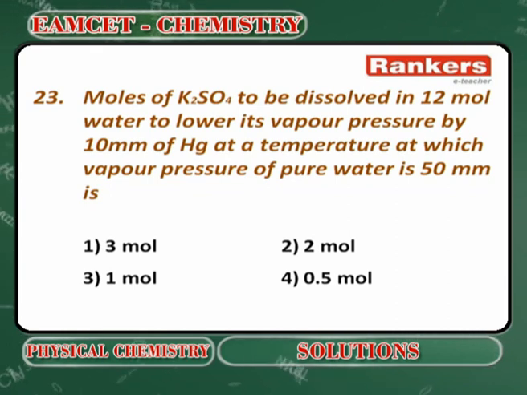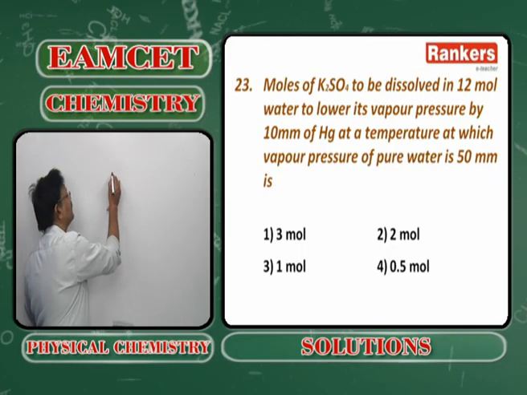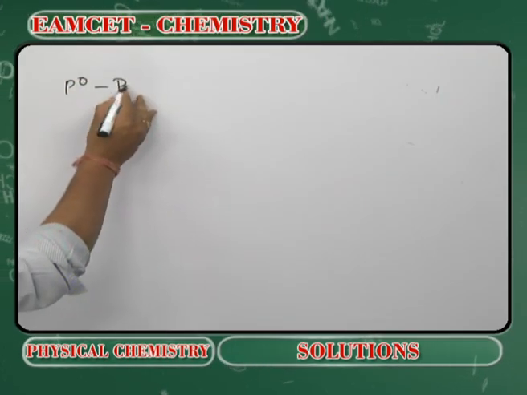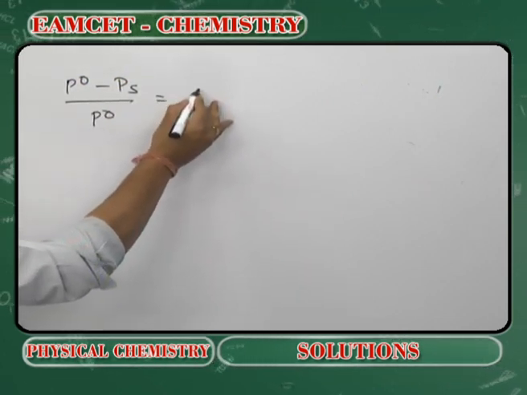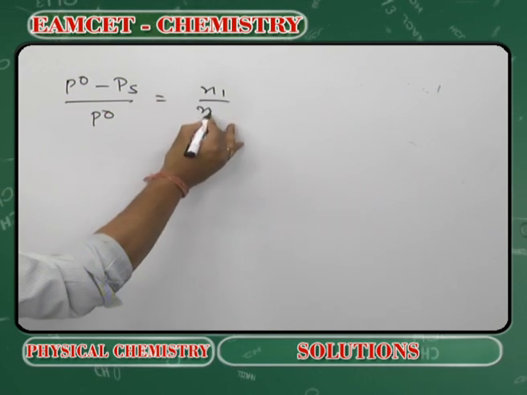Moles of K2SO4 to be dissolved in 12 moles of water to lower the vapor pressure by 10 mm Hg at a temperature. So (P0 minus Ps) by P0 is equal to N1 by (N1 plus N2).